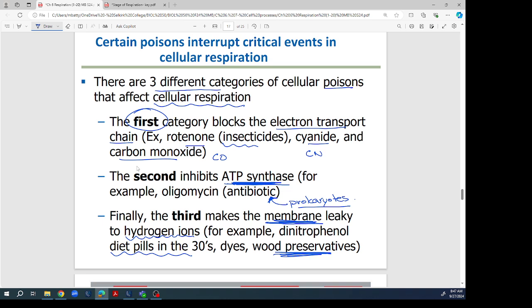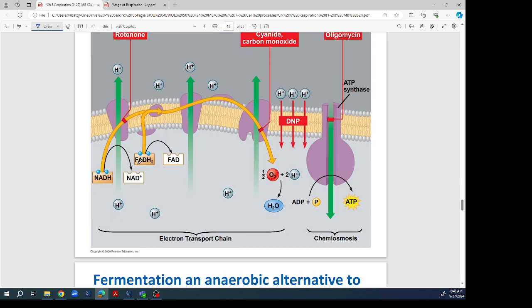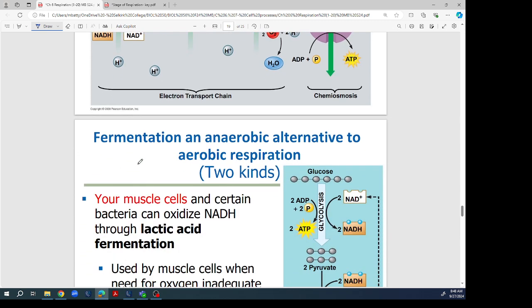So understanding these chemicals is really important so we can understand how they work and then maybe use them to our advantage or understand better about them at the least. So that's just illustrating the different stages of oxidative phosphorylation that these molecules work in. And maybe if you're a picture person, that helps.